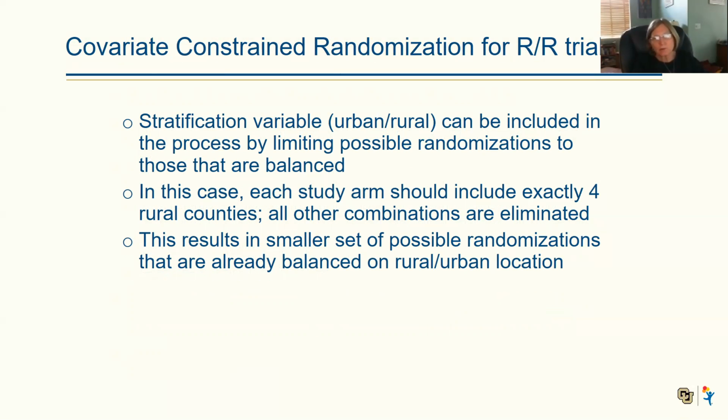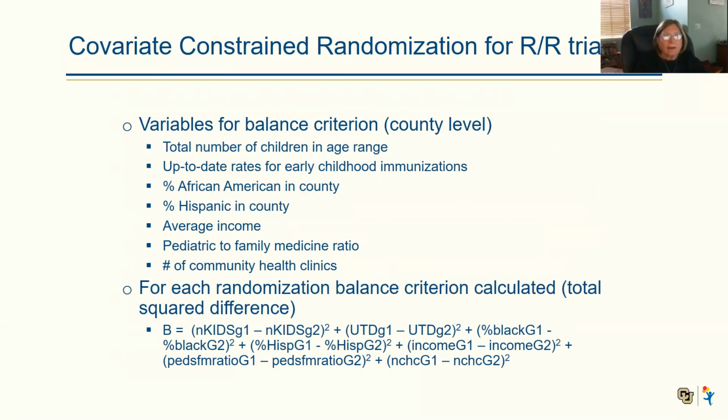Stratification variables such as rural urban can be included in the process by limiting the final possible randomizations to be considered to those that are balanced. So again, the variables that we used were total number of children, up-to-date rates at baseline, and some race, ethnicity variables, income variables, and then some variables around the types of providers.